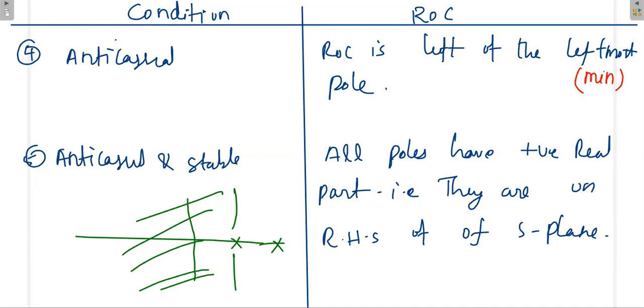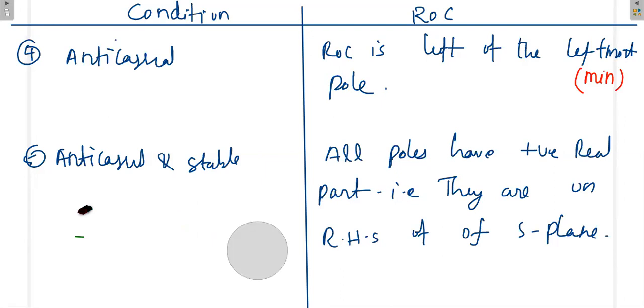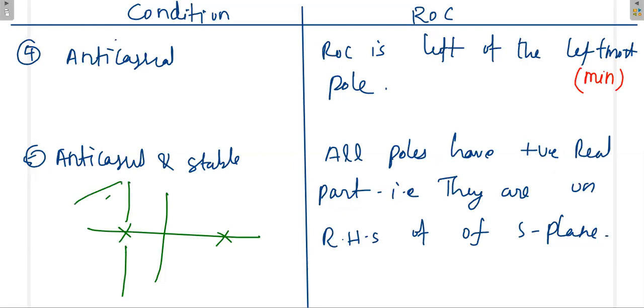But if I choose in some other manner, say one pole here and another pole here, and I go towards the left, I will get anti-causal, but I will not get stability.